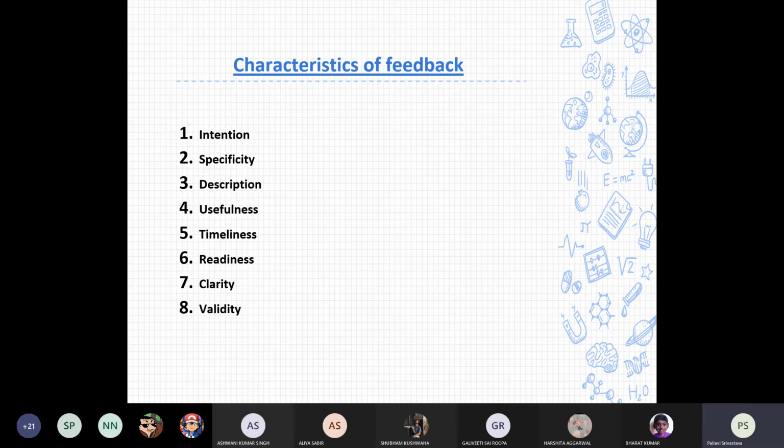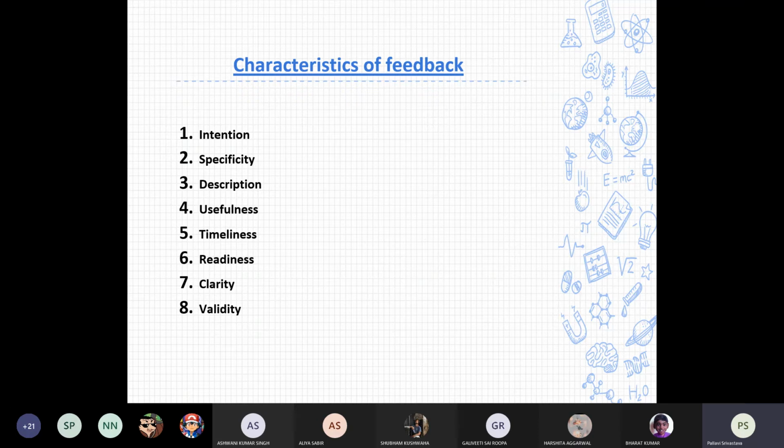So rather than giving these kinds of feedback, we should always analyze what we are going to tell the other person. Is that person in a capacity to remove that? It's just like if you tell your employees that the kind of work they are doing is not good.